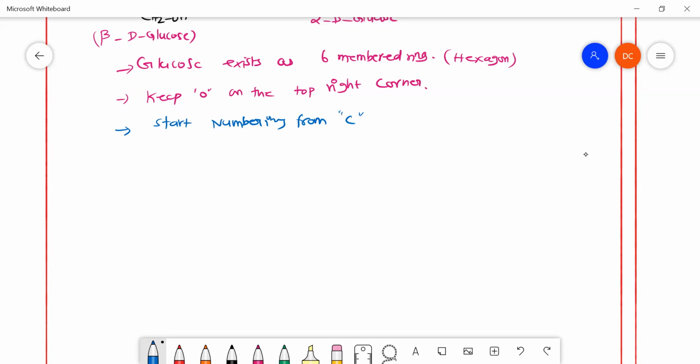Then bonds are represented as vertical lines. Then you have to give the functional groups.